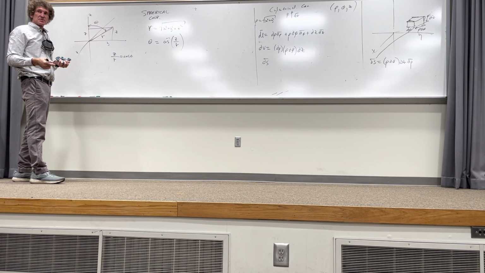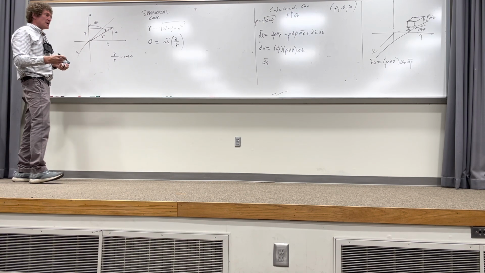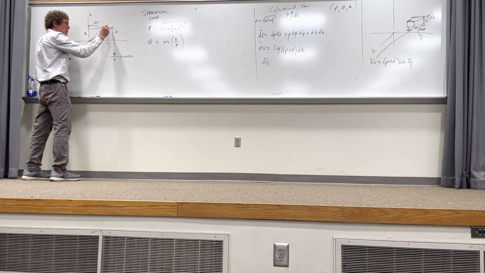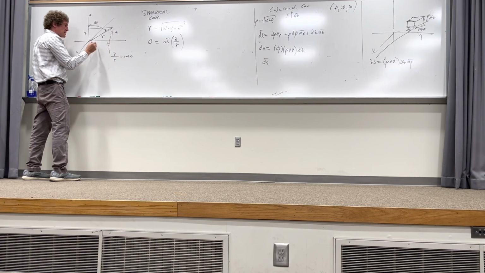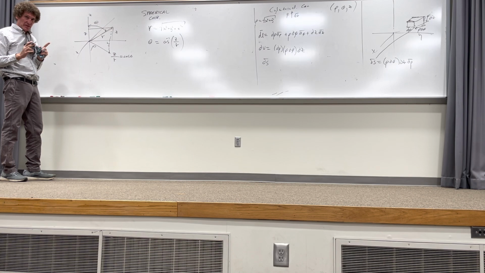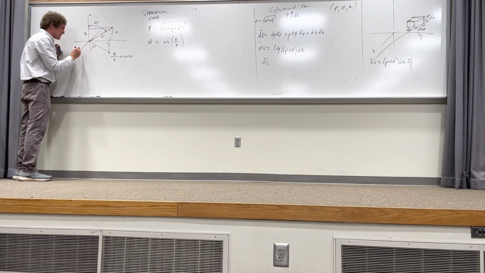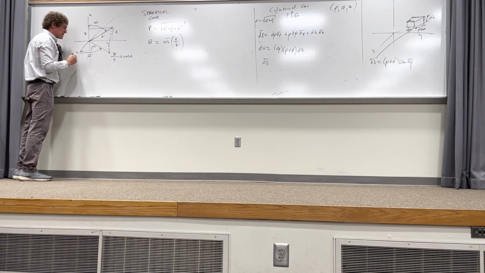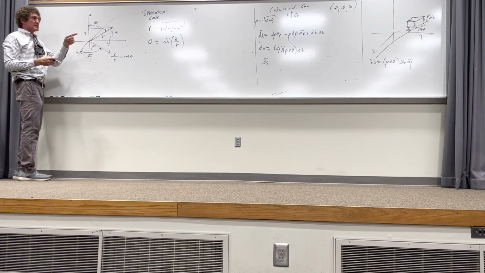Now there's something else, and this is important. If I take the projection of r in the xy plane, it becomes rho. You all with me on this? This is important. Phi in cylindrical is the same as phi in spherical.